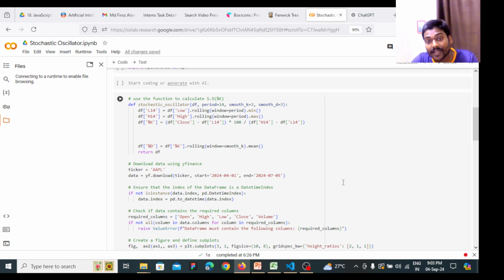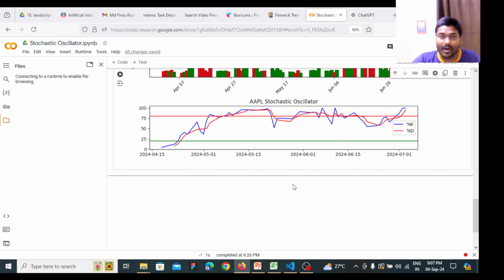Green color represents overbought and the red color represents oversold. Here is also the stochastic oscillator chart, which represents percent K and percent D. I hope you understand our demonstration part. Next, we will move on to our PPT slide.